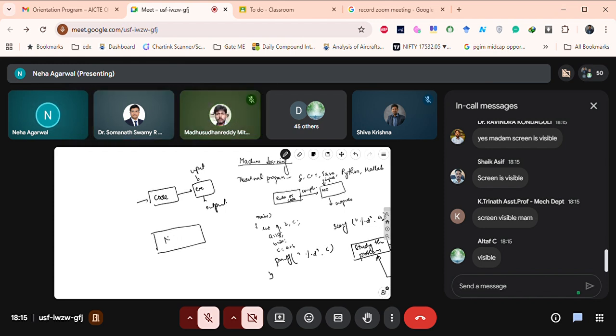If I'm talking about simple machine learning, then generally you are making a model. That model, in very layman language, you can say is like the code also. But how the code is going to be designed, how it is going to have some training power: I will be giving the input and I will be giving the output also.